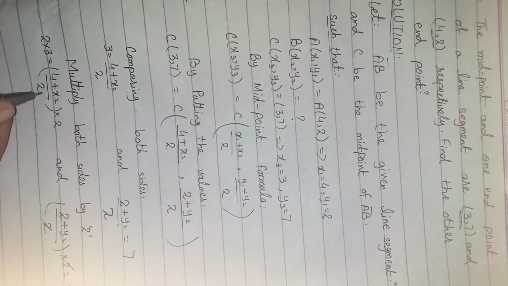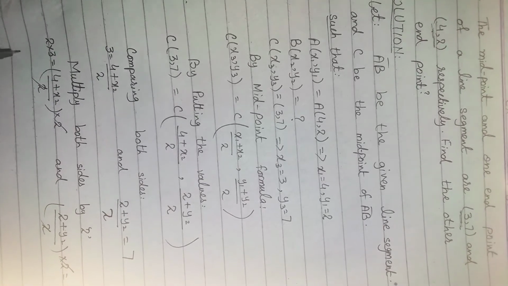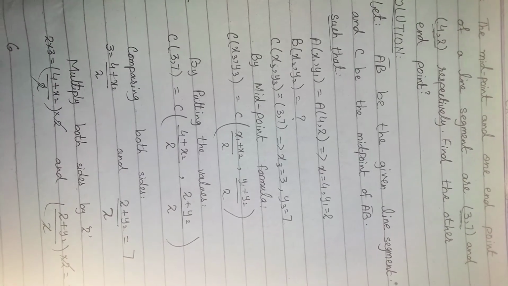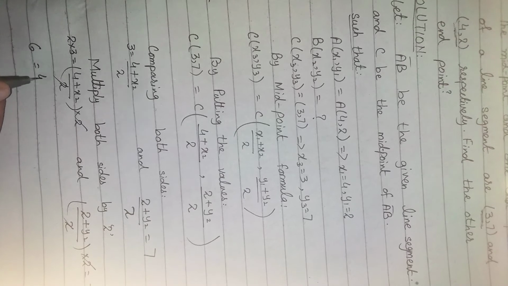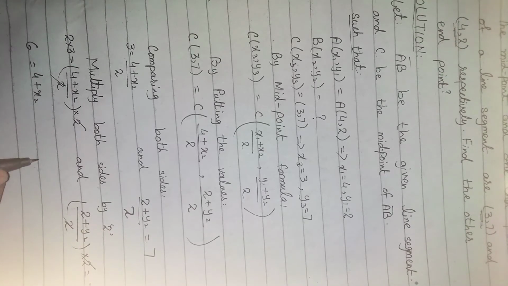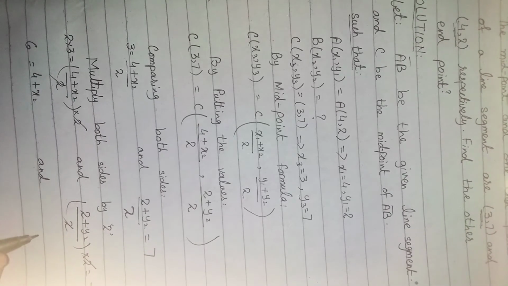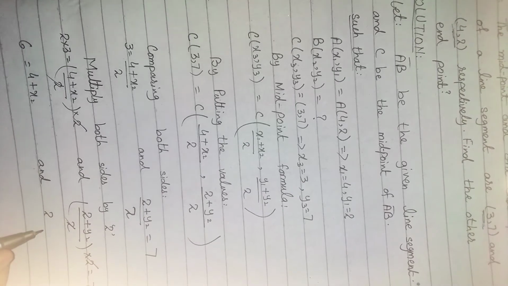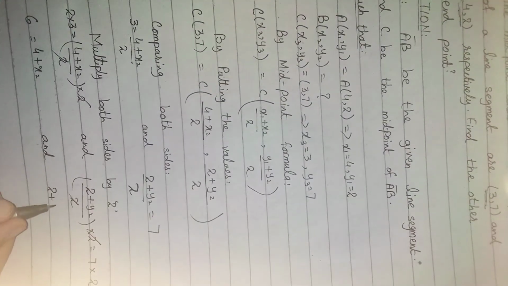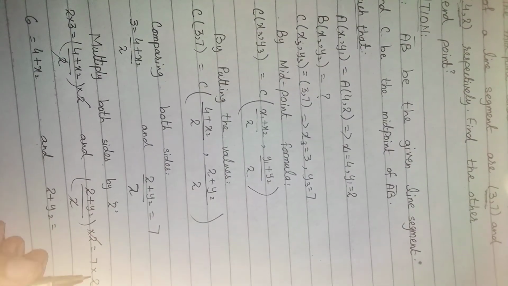So we will get, the solution is, 2 3s are 6. So 6 is equal to 4 + x2 and 2 + y2 will be equal to 2 7s are 14.